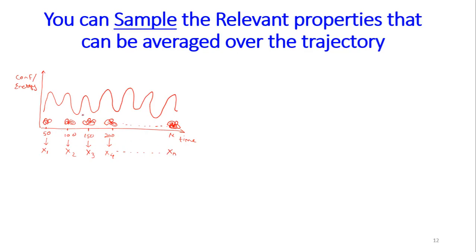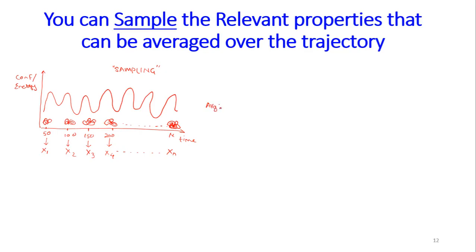So in this way we say that we are sampling the structures present in your trajectory. Whatever properties you are interested in, you can average those property values and say that the average free energy change in this simulation was some xxx kilocalorie per mole.